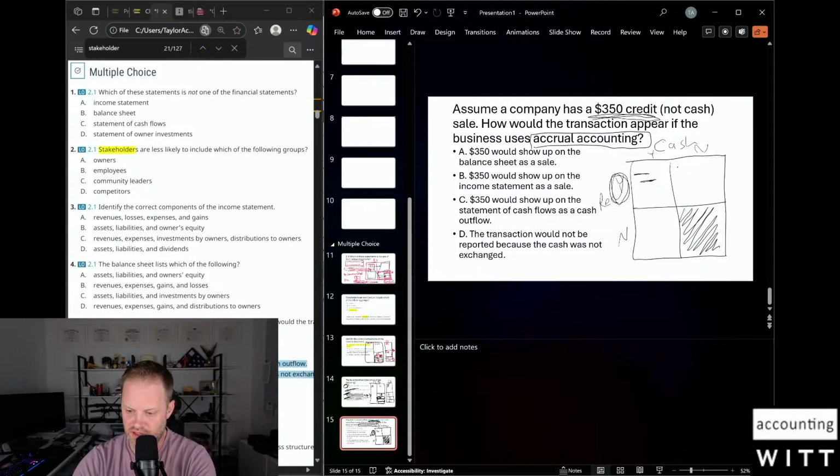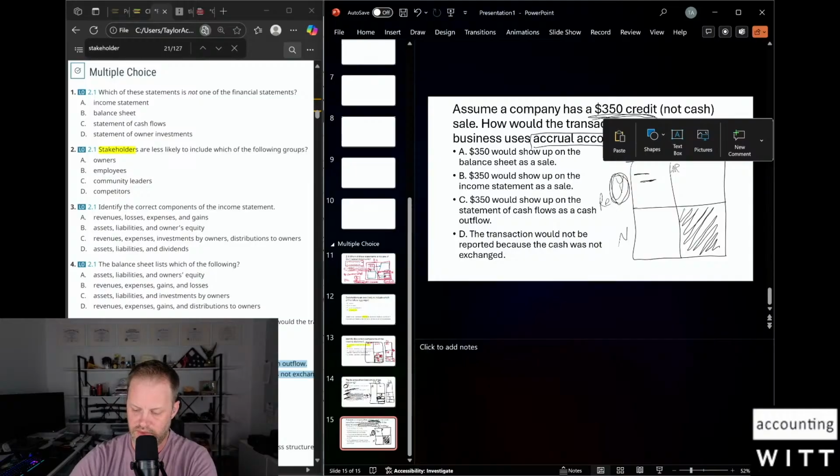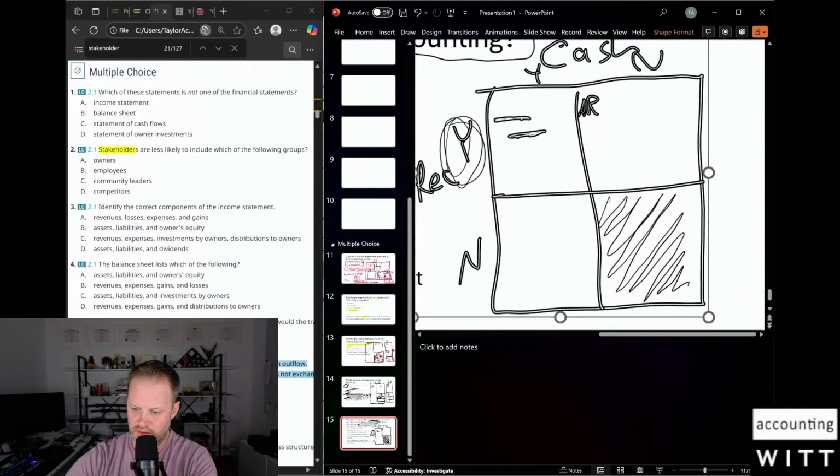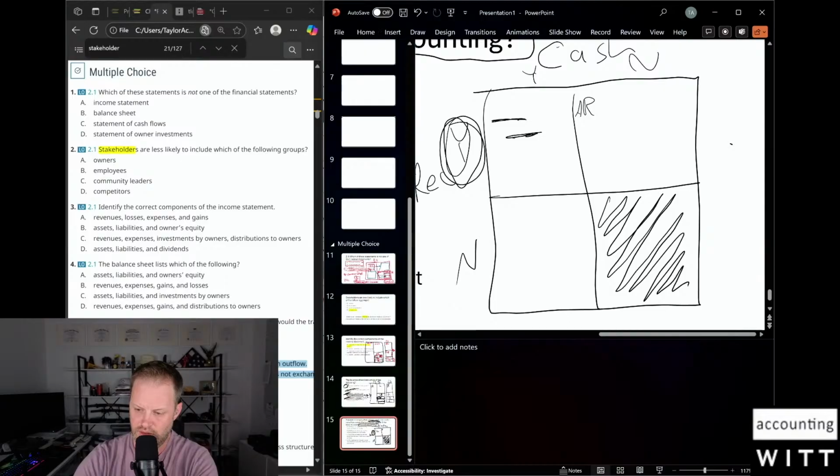That means instead of cash, you're going to have AR and revenue.